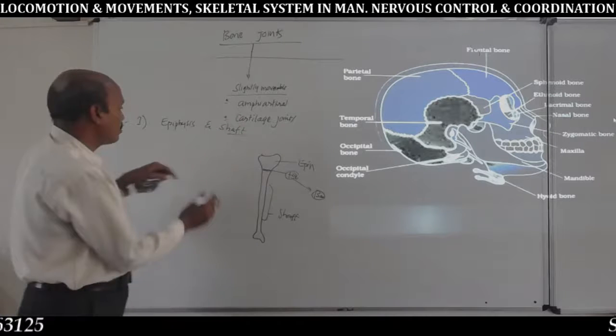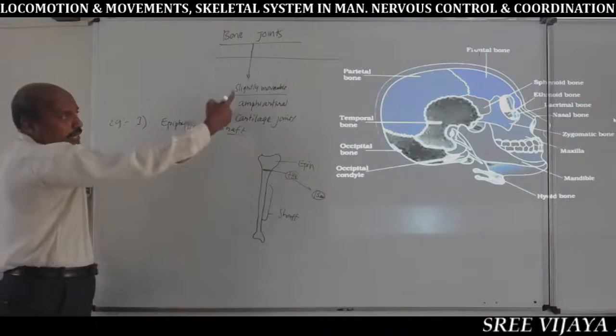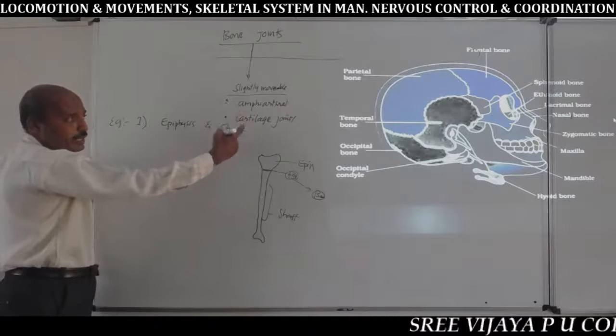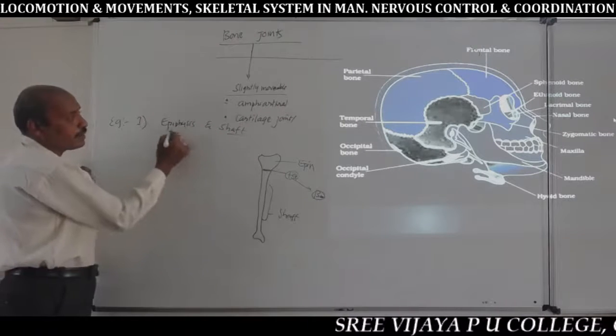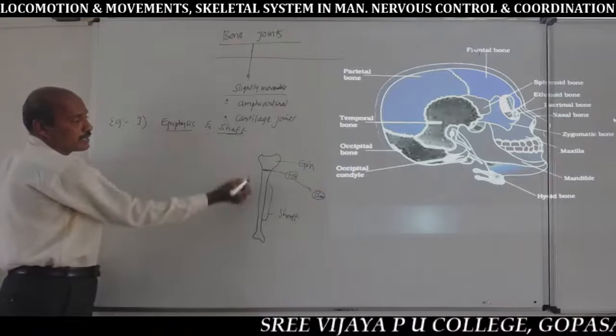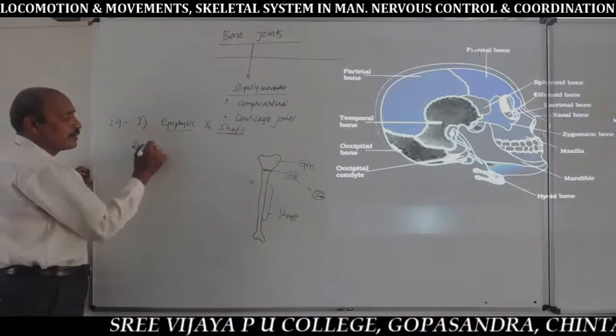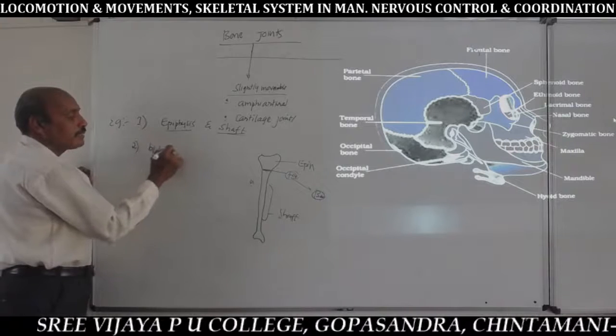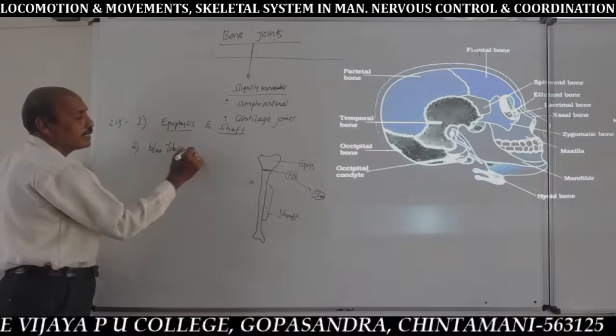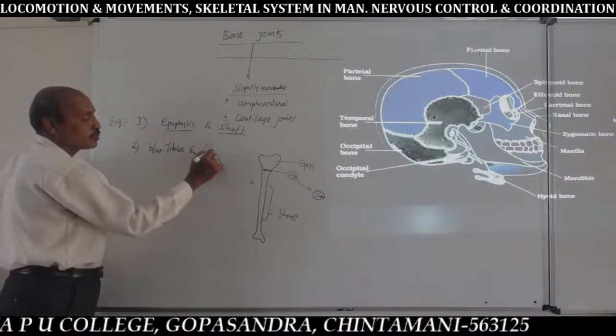So the first example of a slightly movable, amphiarthral or cartilage joint is the epiphysis and shaft region of the femur bone. And the next one is between the tibia and fibula bones.